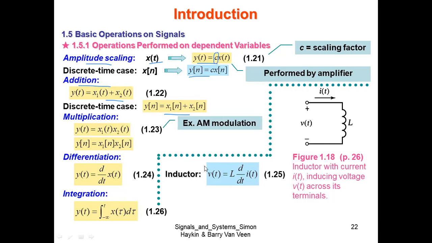That operation can be represented as follows: give a sinusoid x of t, and its output is going to be minus 10 into x of t, isn't it? Agree, students? So inverting amplifiers and non-inverting amplifiers are examples of operations which involve amplitude scaling.